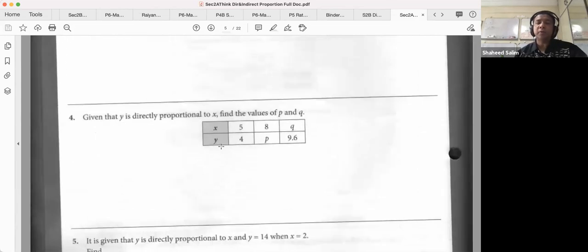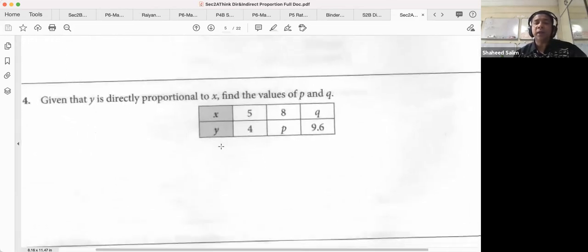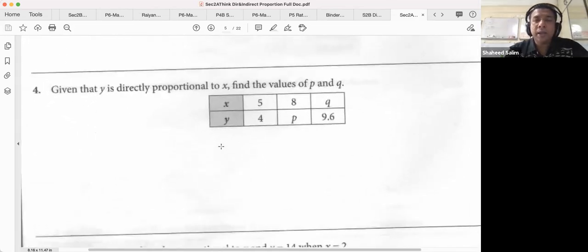Can you try question number 4? They want you to find the values of P and Q, and they tell you that y is directly proportional to x. I'm just going to give you a clue. You have to use a formula. And what is the direct proportion formula? y equals what? kx. You have to use this formula.